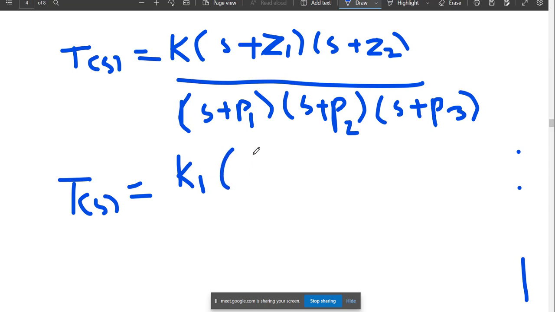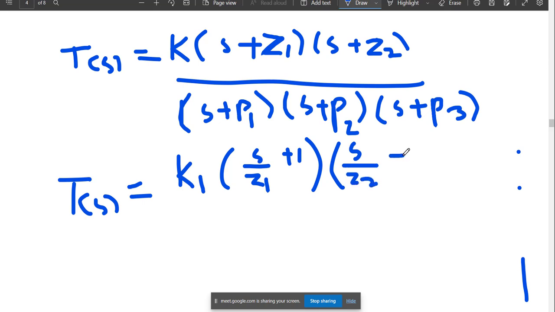Here it became S divided by Z1 plus 1, S divided by Z2 plus 1.